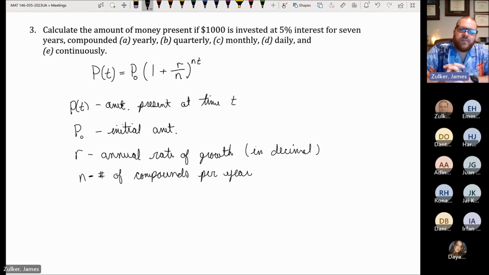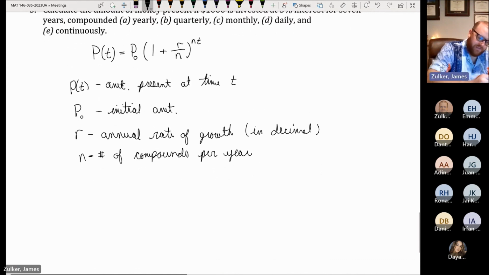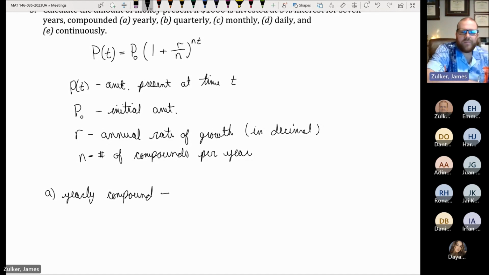We want to calculate how much we're going to have after 7 years if the account compounds in 5 different ways. So first, yearly. Well, for yearly compounding, n would just be 1, wouldn't it?